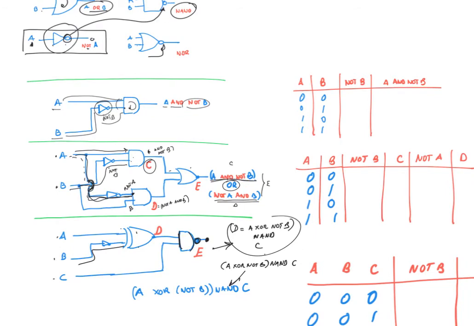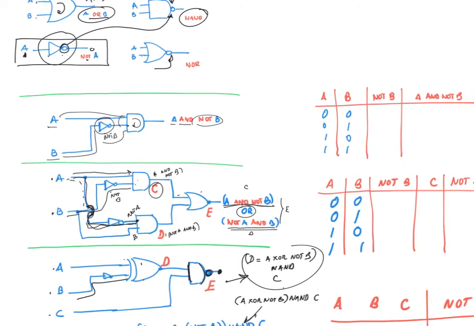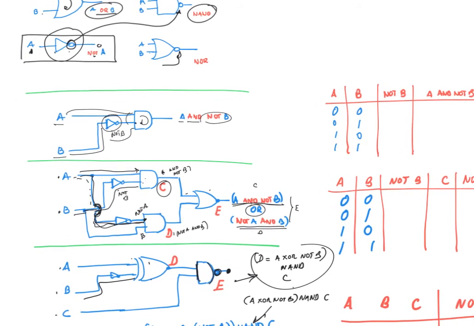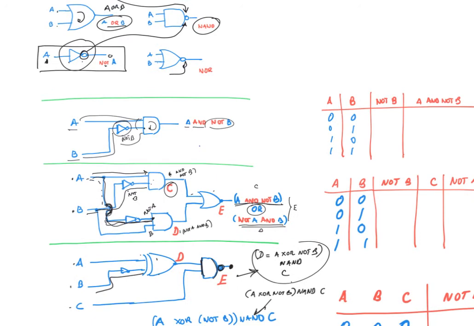So how am I supposed to know how this works in a truth table? Let's check this out. I'm going to change color here so you don't get confused. Let's say I'm going to calculate this 0, 0. So I have a 0 here and a 0 here.